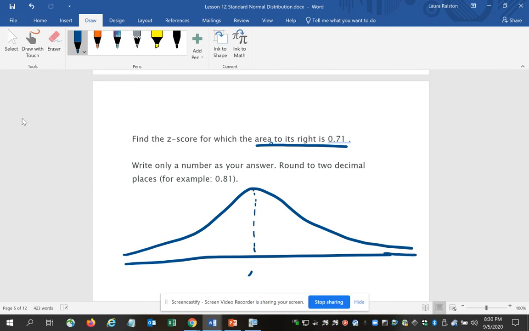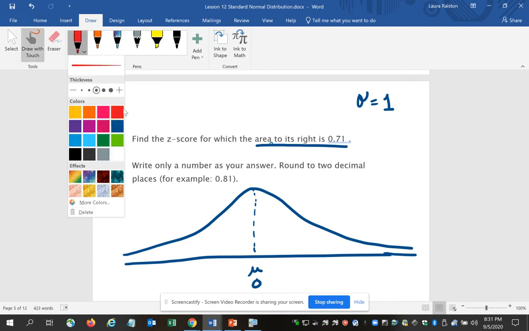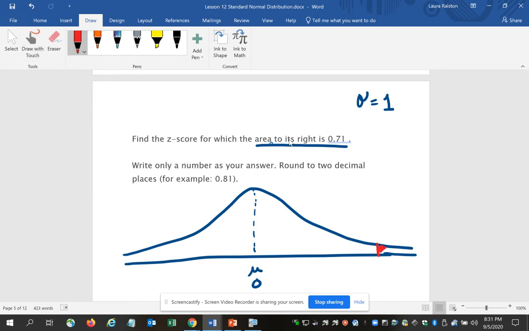So my mean is 0, the standard deviation is 1, and I have an area to the right is 0.71. Now guys, you got to be super duper careful here because it says area to the right is 0.71. Well, guys, that's less than 1%. So I'm really going to be somewhere up here to the right. This little red shaded region is an area of 0.71.